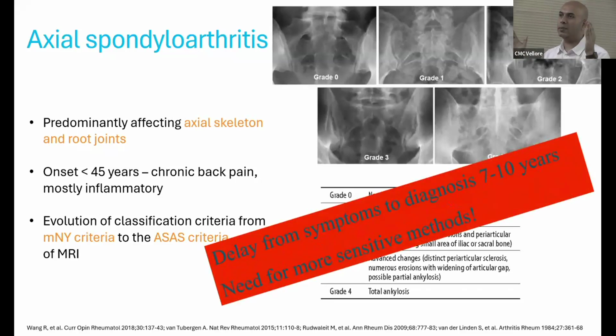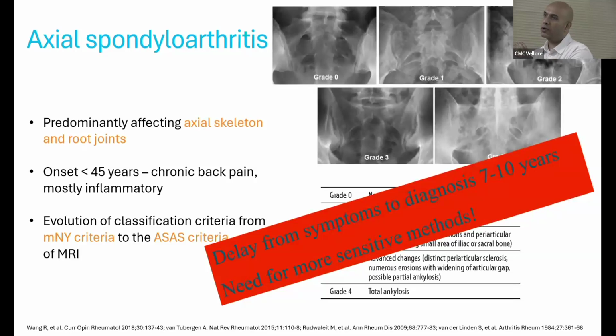So we're losing about 7 years of precious time in treating the patient, and that is when people started looking at more sensitive methods to diagnose early, because the trajectory is totally different. You have a diagnostic paradigm where we have a bit of confusion with imaging, which one to use, radiographs or MRIs.